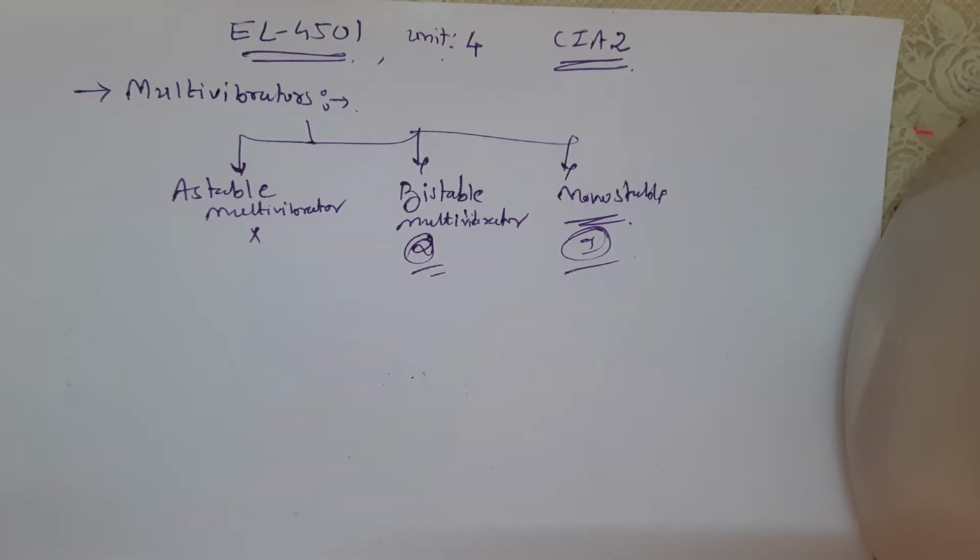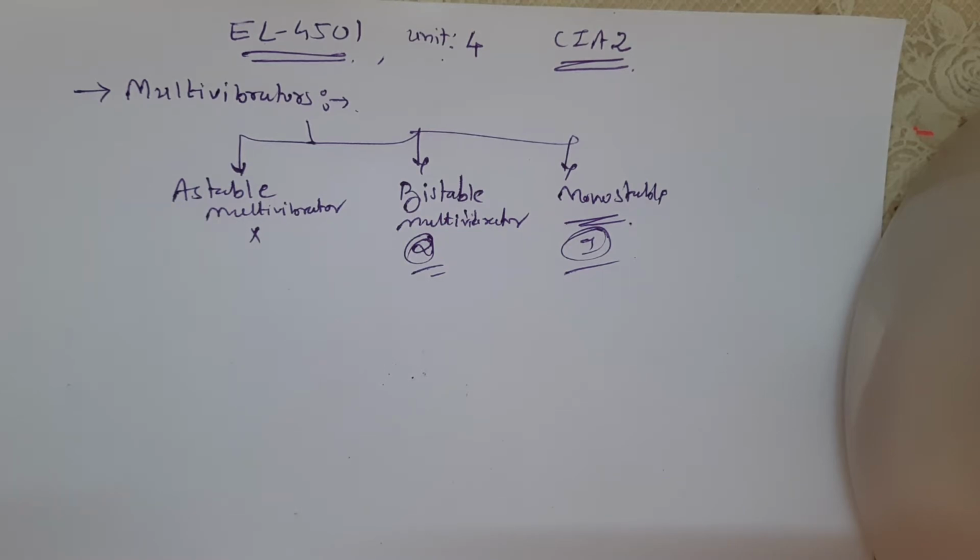In a multivibrator, also known as a relaxation oscillator, the amount of feedback is so large that the transistors are driven between cutoff and saturation almost instantaneously.